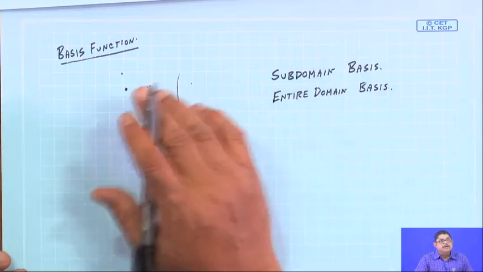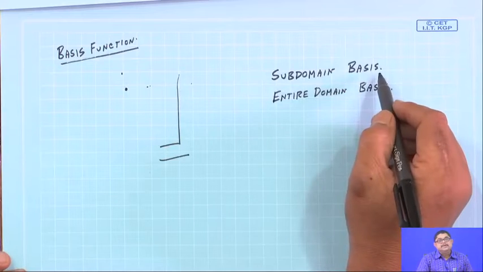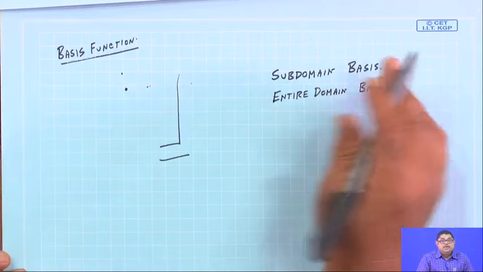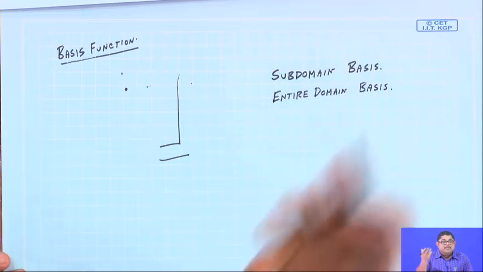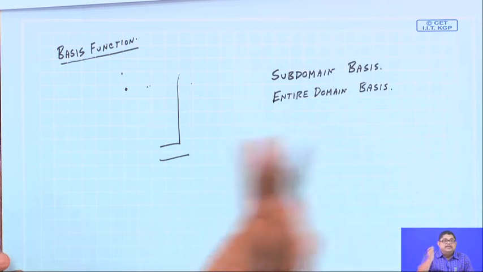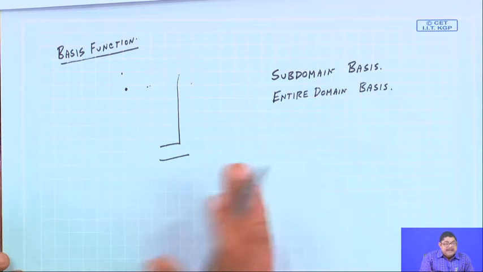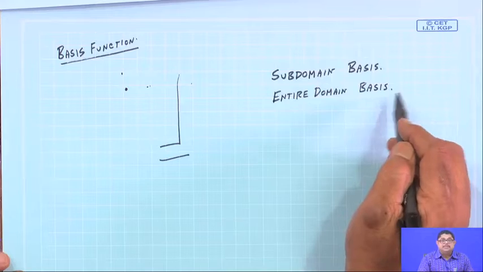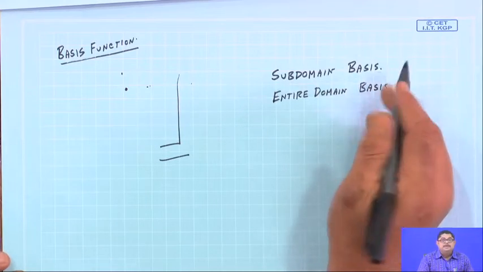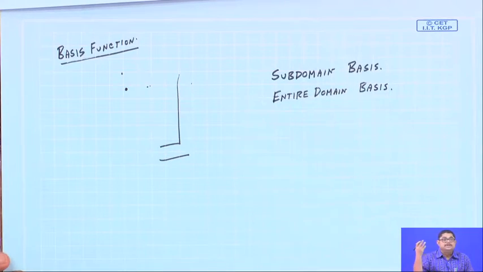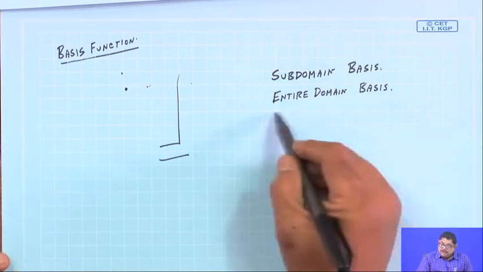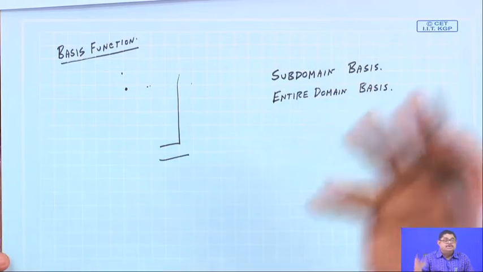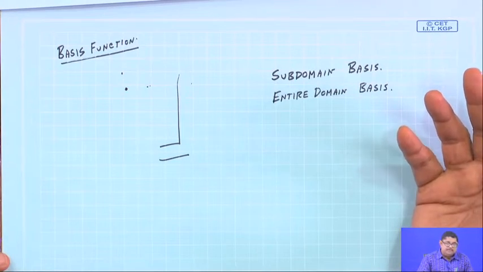Actually, what happens when I don't know anything, we take the subdomain basis first, we find out more or less the functional behavior, then people try to go for entire domain, because in a subdomain the computational complexity is more, whereas entire domain reduces the computational complexity.